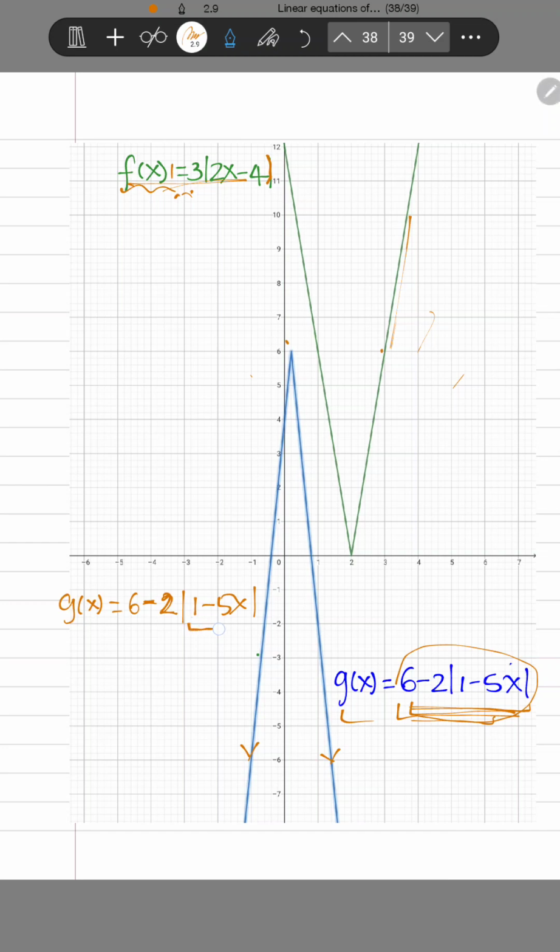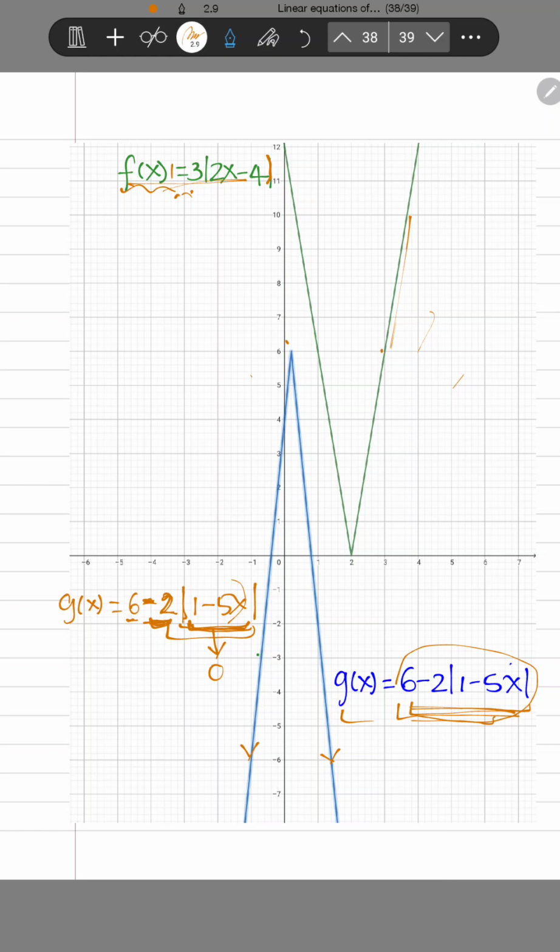For that, because we are going to subtract this value from 6, we need to know what is the smallest subtraction we can make from 6. That is possible only when we have an absolute value of 1 minus 5x as 0. Because anything other than 0 of this expression will be positive as it is an absolute value. And when we multiply it by minus 2, which is outside of the absolute value here, it becomes a negative.